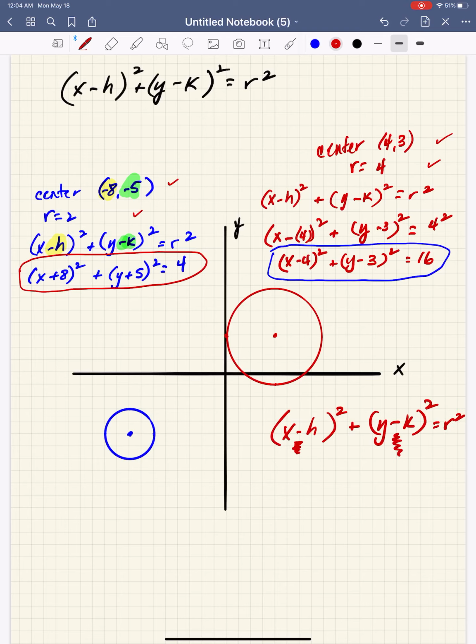If I just had, as a separate question, that the center is at 5, negative 3, and the radius was 2, it's very simple just based on that to write the equation. It's going to be x minus 5 squared plus y plus 3 squared equals 4.